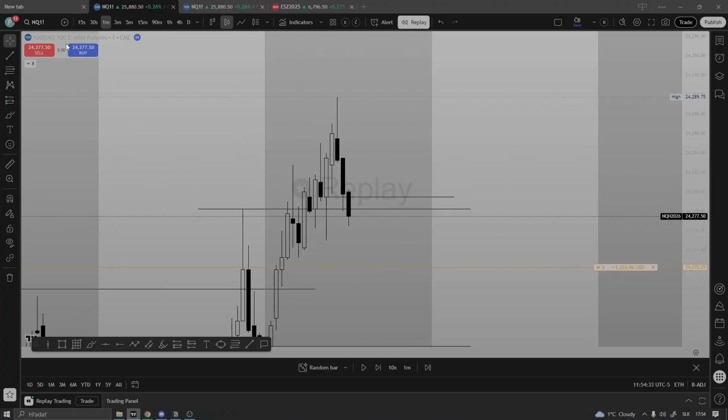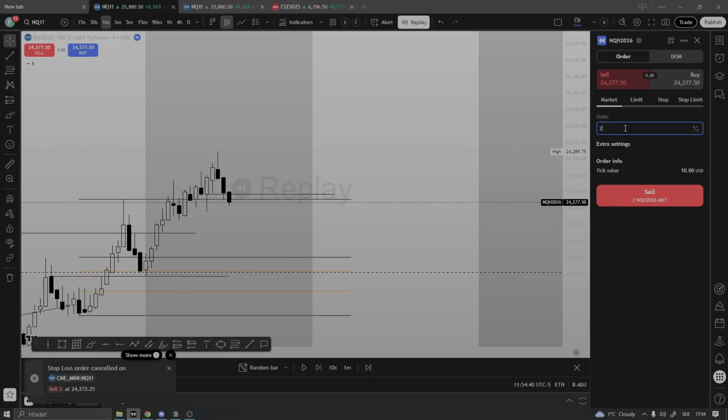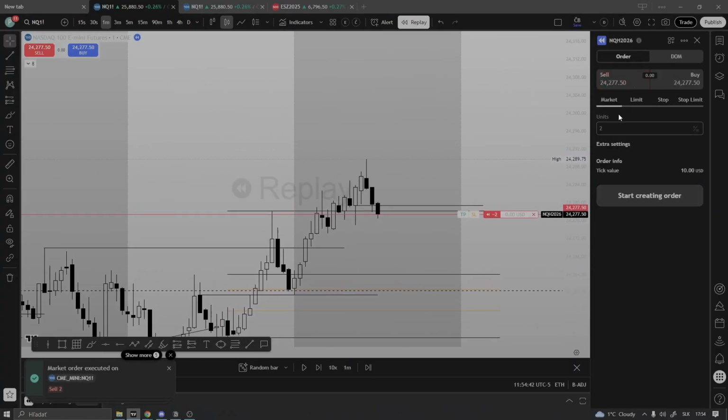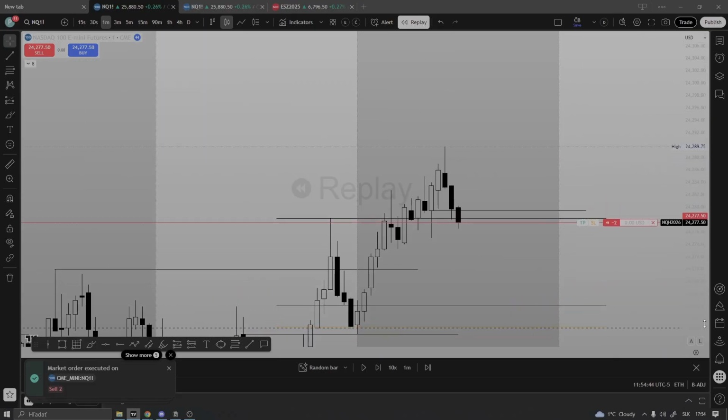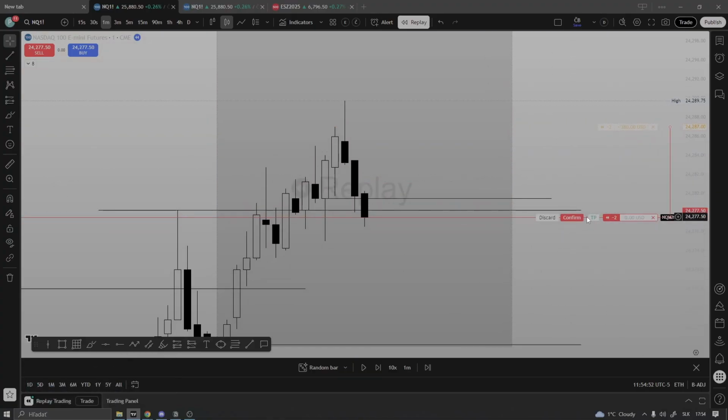Okay, now we are creating a CISD. We are in 3 counts, meaning we can enter here too. In terms of our stop loss, we can put it at a high right here.